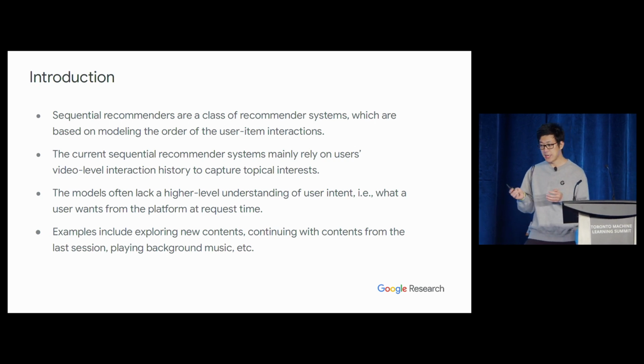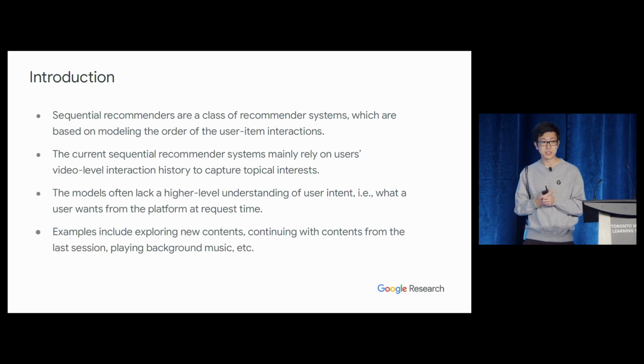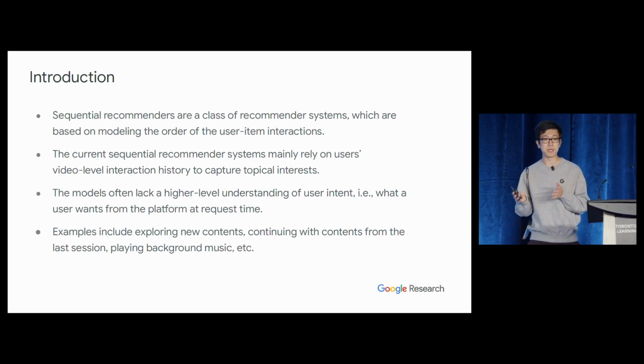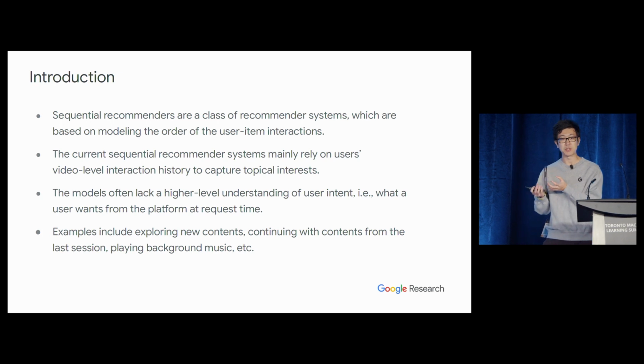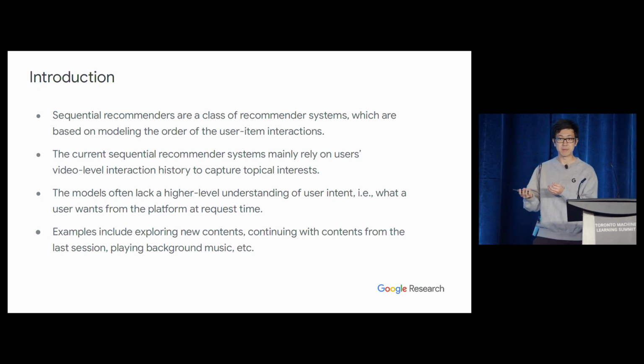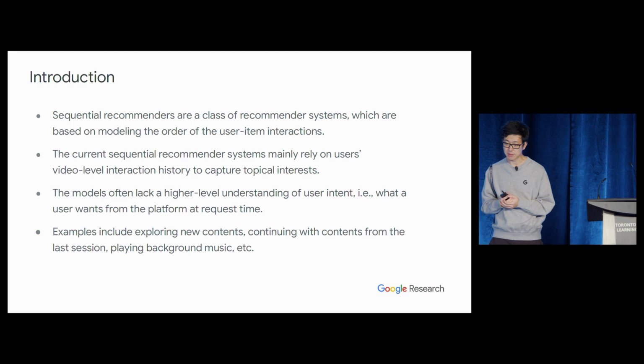By using the sequential recommender system technique, we use a sequential model, either an RNN or a transformer, to capture this user interaction history and get a user representation. Based on that user representation, we can recommend new items or topics that the user might be interested in interacting with next. That's the high-level summary of a sequential recommender.